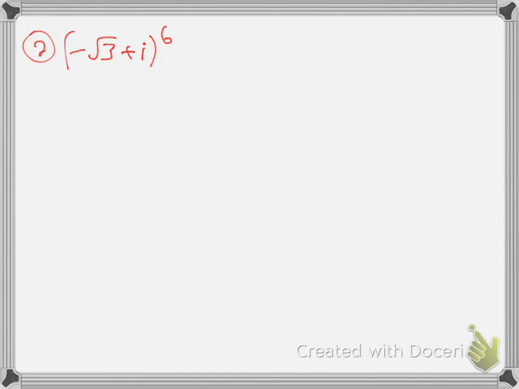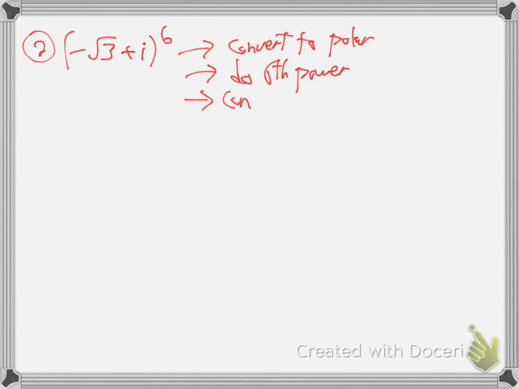Okay, how do we do it? Well, of course, you could write out 6 of those and do all that, but that would be terrible. So I'm going to convert. The plan is convert to polar, do the 6th power, which is easy in polar, and then convert back to what's called rectangular, with the i and stuff.